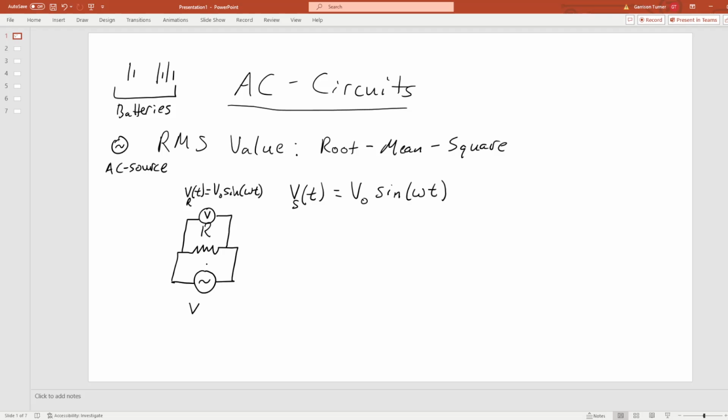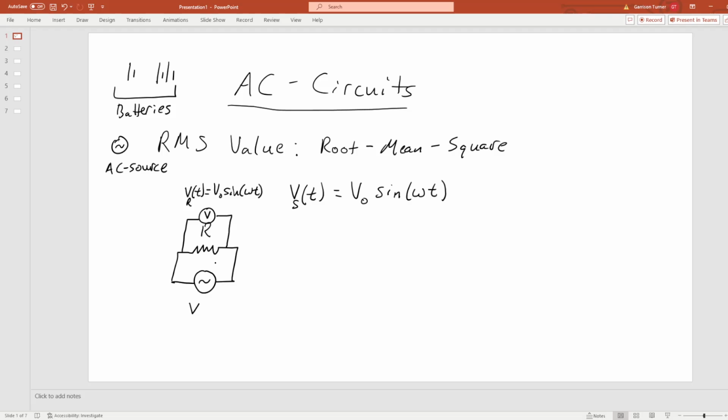So, with that in mind, what we want to do now is understand what this voltmeter is reading.